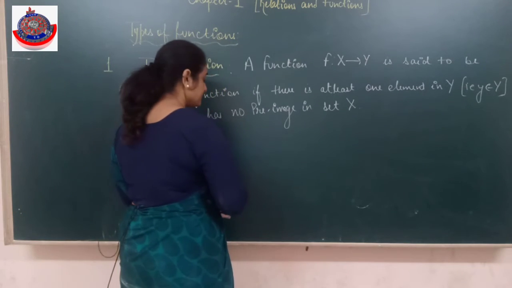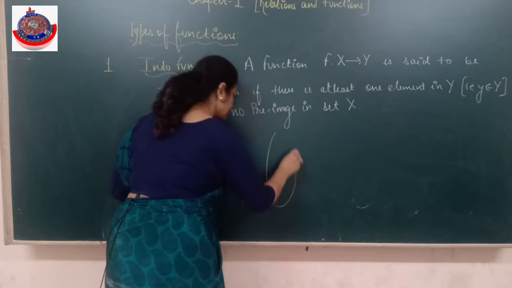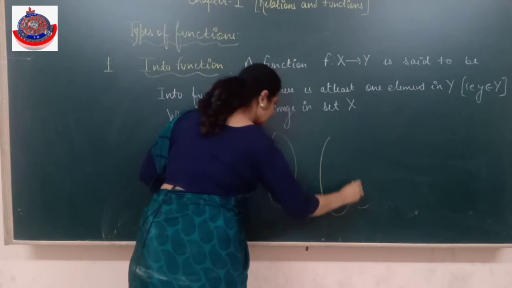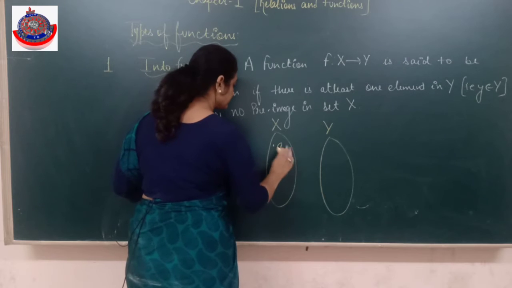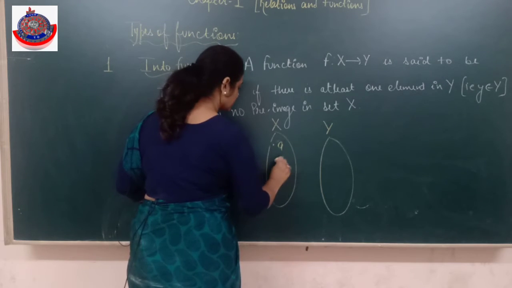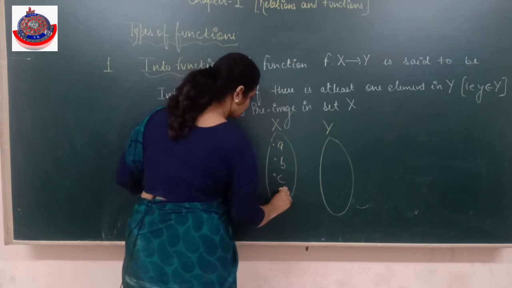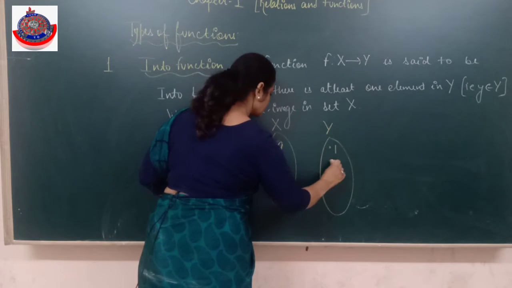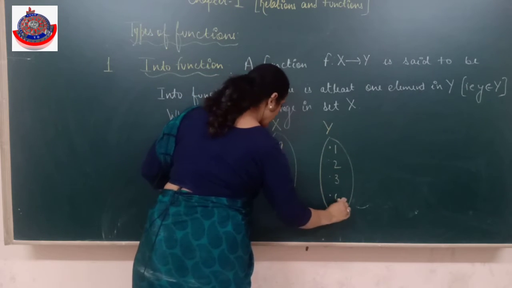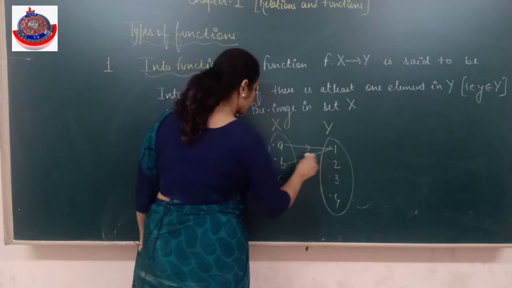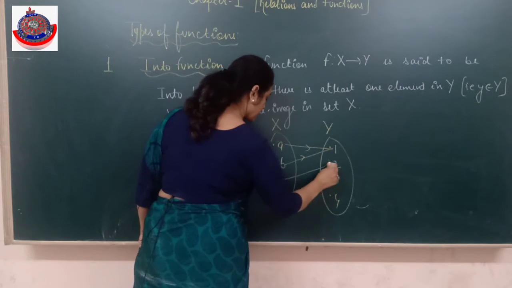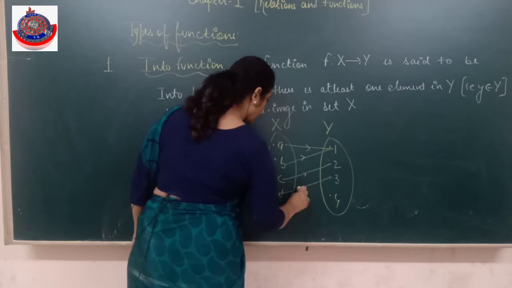It means this is set X, this is set Y. Say A has element 1, B also has one answer, this has 2, this has 3.